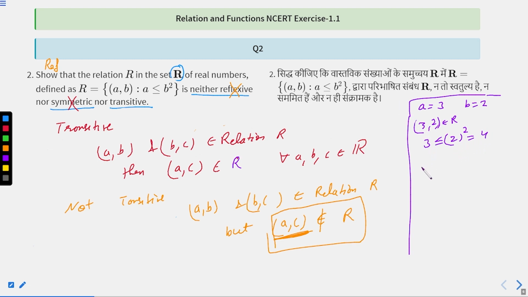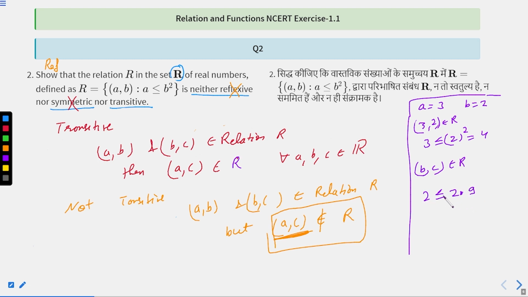Now, taking C in such a way that BC belongs to R. B is my 2, and now I am taking a number that 2 is less than or equal to, say 2.9.